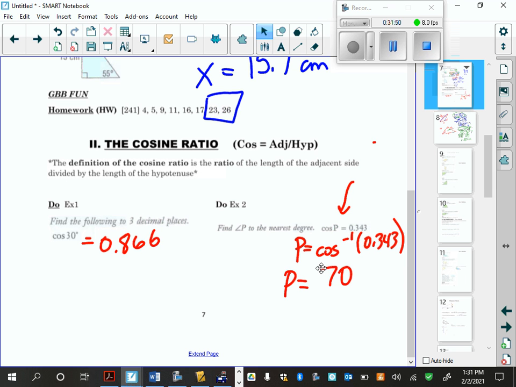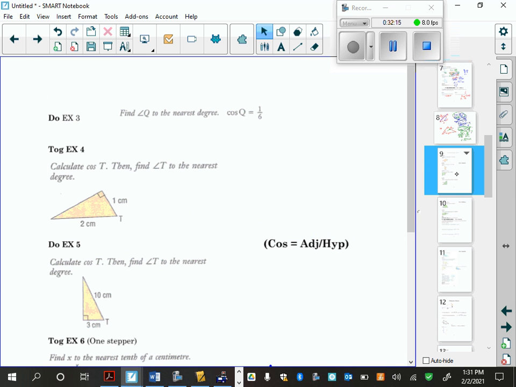If you haven't done it, do it. I'm trying to stall because you don't really need to move on to the one stepper, two steppers. All right, next page.